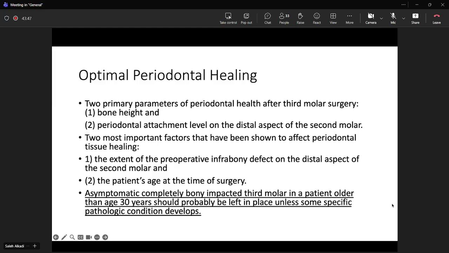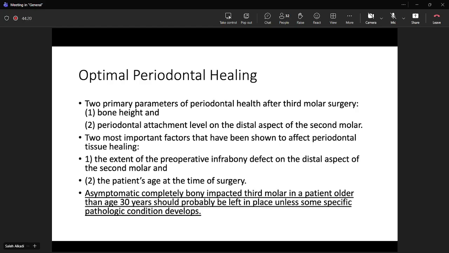Okay, so let's talk here also about what we mentioned earlier, preventing periodontal problems caused by impacted third molars or impacted teeth. So we are here looking at optimal periodontal healing. If we talk about lower third molar and lower second molars, there are two primary parameters of periodontal health after we remove the lower third molar from the area.